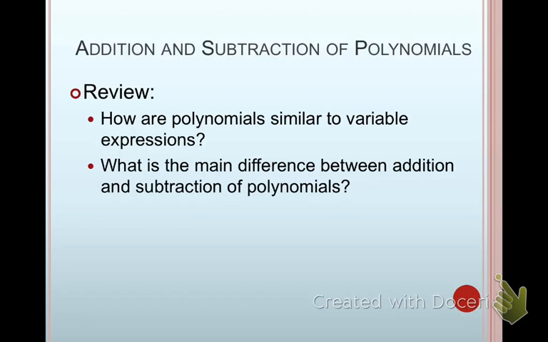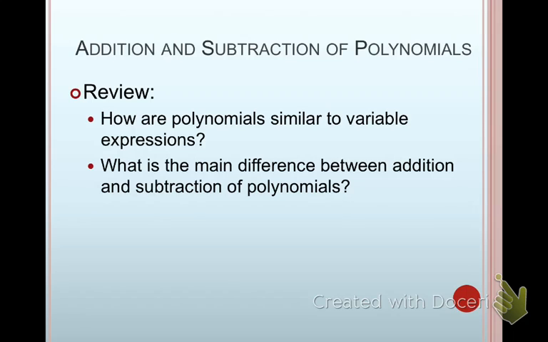So, how are polynomials similar to variable expressions? Well, in some cases, they're really the same. But remember that polynomials are going to have exponents that are integers. Variable expressions don't always have exponents that are integers.